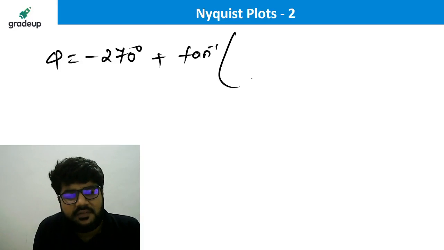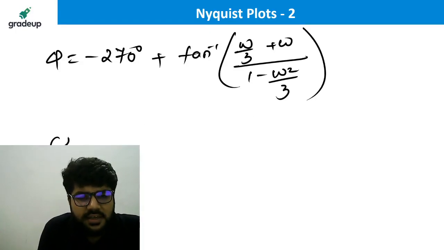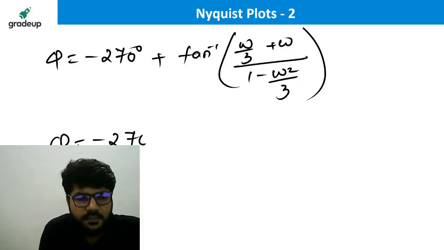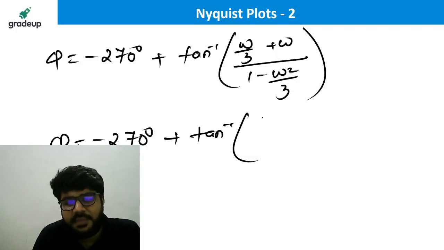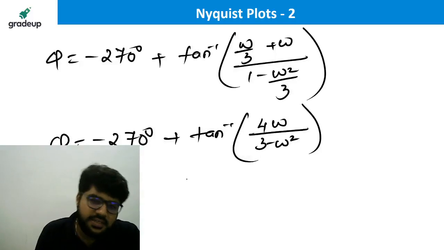So plus tan inverse ω by 3 plus ω, using (a plus b) upon (1 minus ab). So that is actually equal to minus 270 degree plus tan inverse of, multiplying by 3, 4ω upon 3 minus ω square.